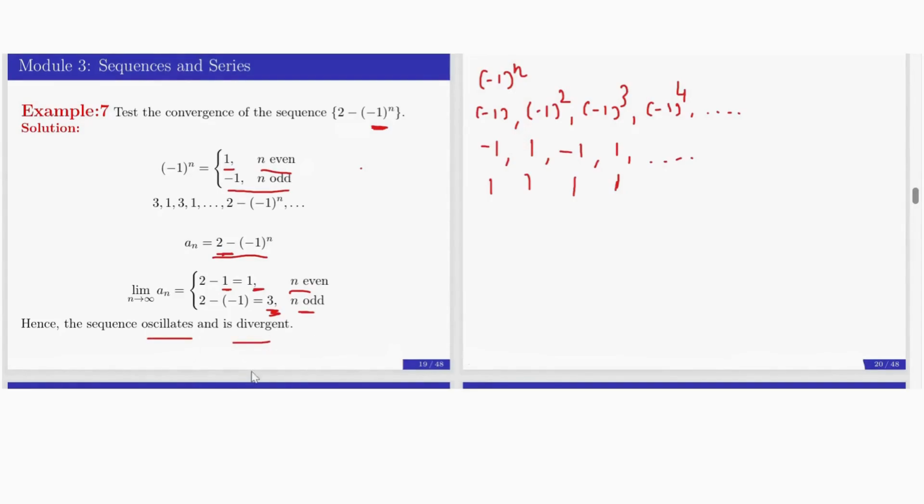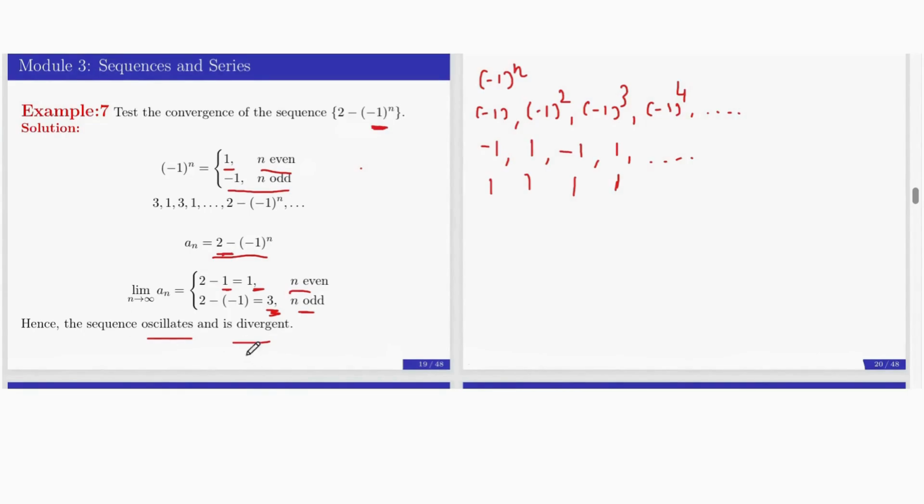An oscillatory sequence is nothing but a divergent sequence. It is not a convergent sequence.